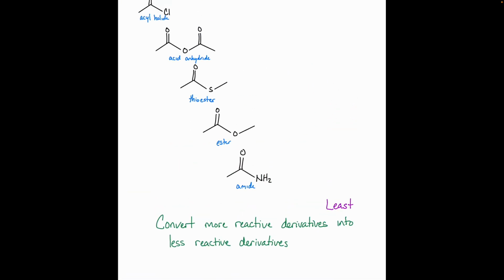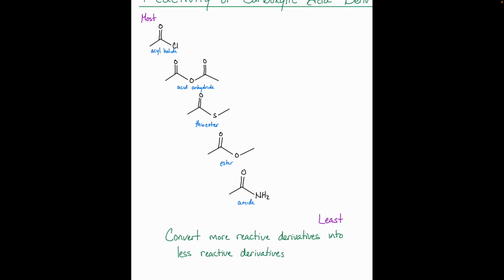All right, so I can turn an acyl halide, that very most reactive carboxylic acid derivative, into any one of these other ones. If instead we start out with that acid anhydride, I can't make it into an acyl halide, but I can make it into everything else.